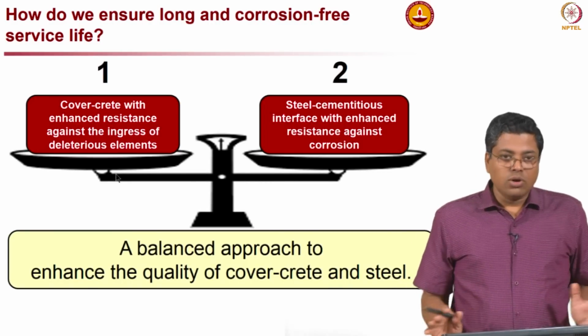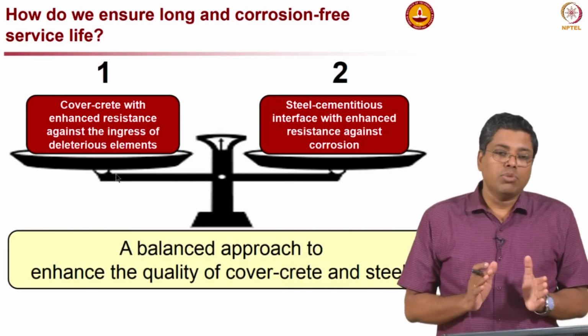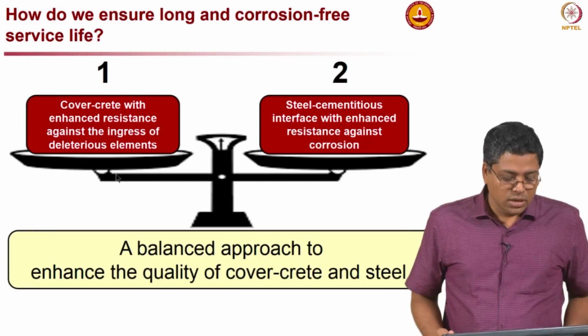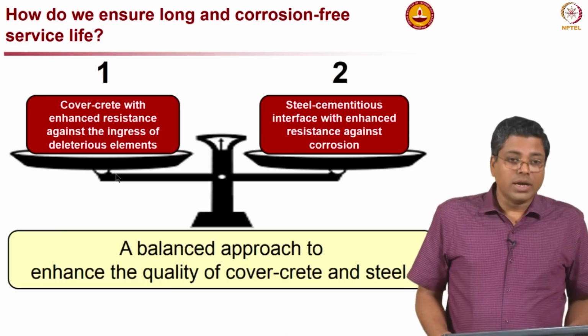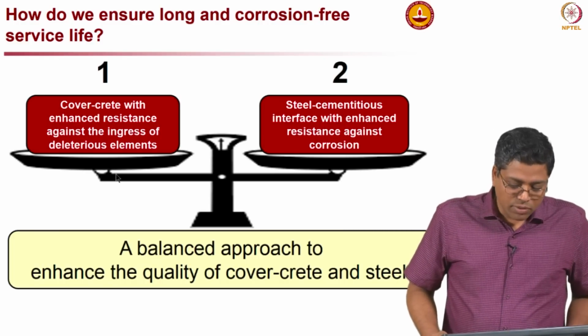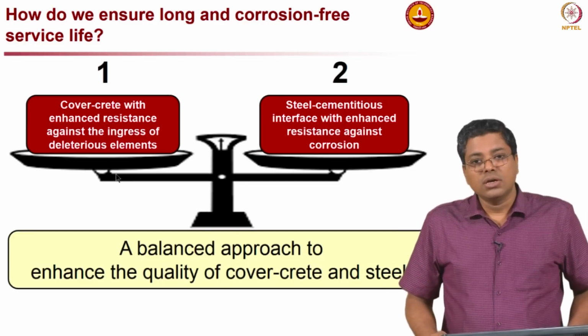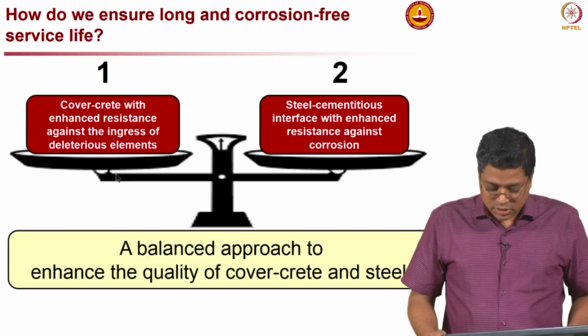Now, how do we ensure this? Like I discussed from the very beginning, you have to worry about both the concrete and the steel. When you talk about concrete cover, it is the diffusion coefficient of the concrete cover, and when you talk about the steel cementitious system, it is the chloride threshold of the steel.